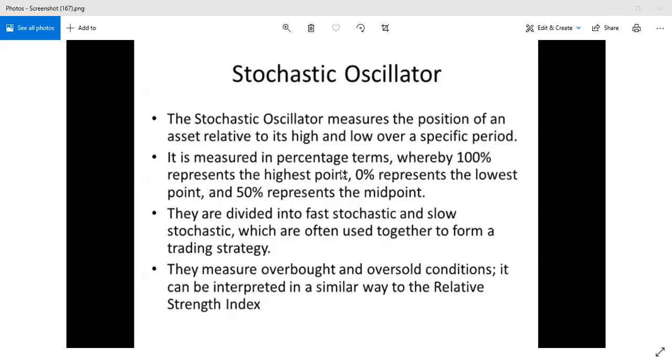Now, same as the moving average, the stochastic oscillator is also used as fast and slow. Whenever one crosses below the other, that is the sell signal, and whenever the fast one crosses over the slow one, that is the buy signal.